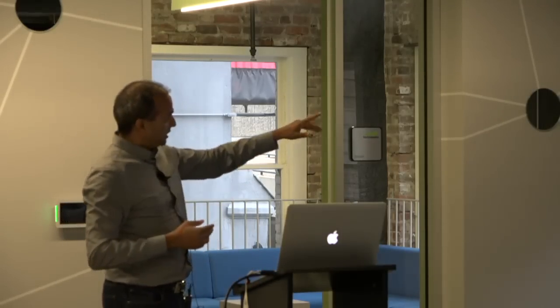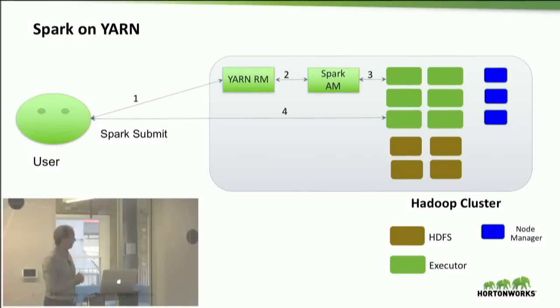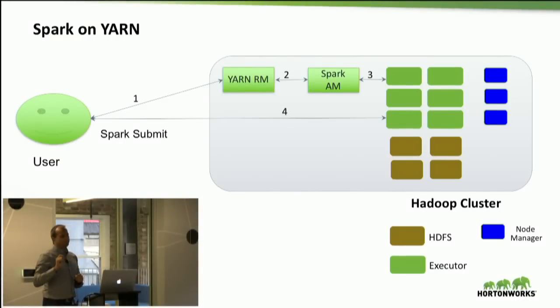So let's double click on that, like what happens. When you do a Spark submit, and again, I'm just focused on Yarn here, your driver contacts Yarn, the resource manager, saying, I'm going to launch a job. Give me X amount of executors. Yarn consults its policy, whether this user is authorized to launch jobs, whether there are enough resources in the cluster.